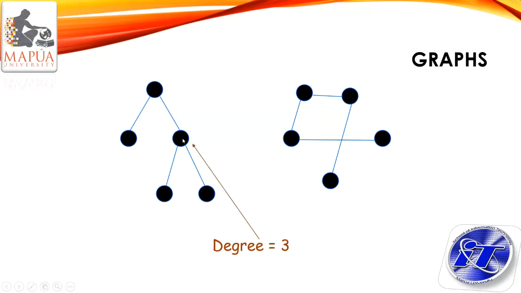And for this node, the degree is 3 because 1, 2, 3 nodes are connected to it. And this graph is considered a binary tree. Why? Because we have two branches or two edges connected to one node, 1, 2. To this node, 1, 2.